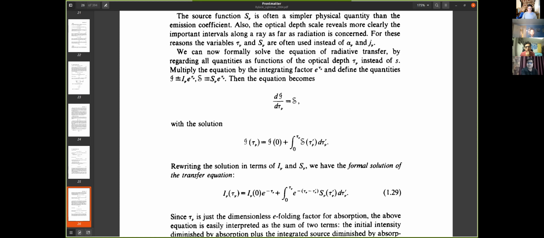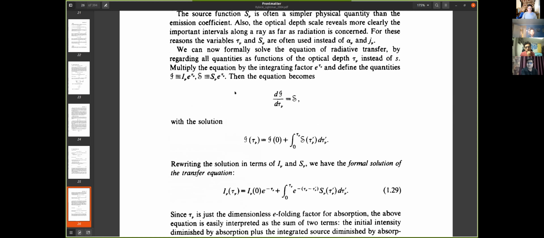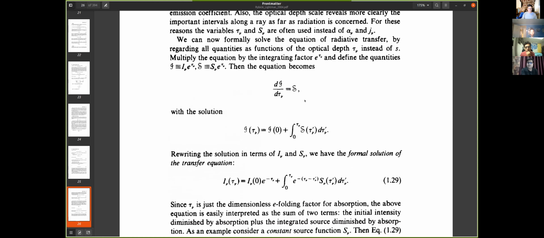So this capital I is a function of optical depth, and this capital S is also a function of optical depth. And then when you put this value in equation 1.27, you will end up with this form.